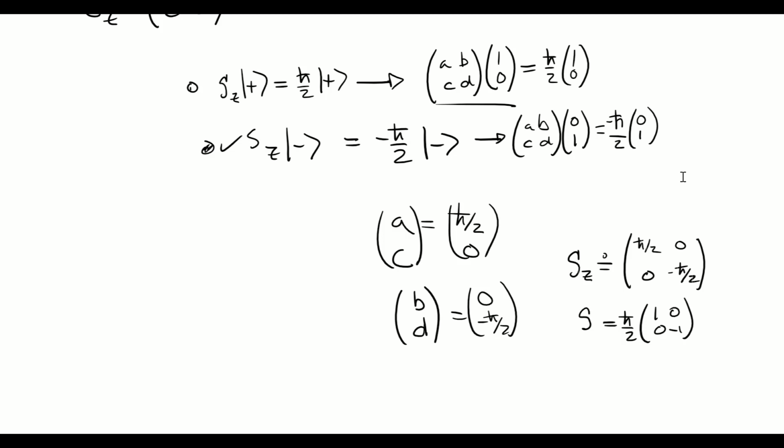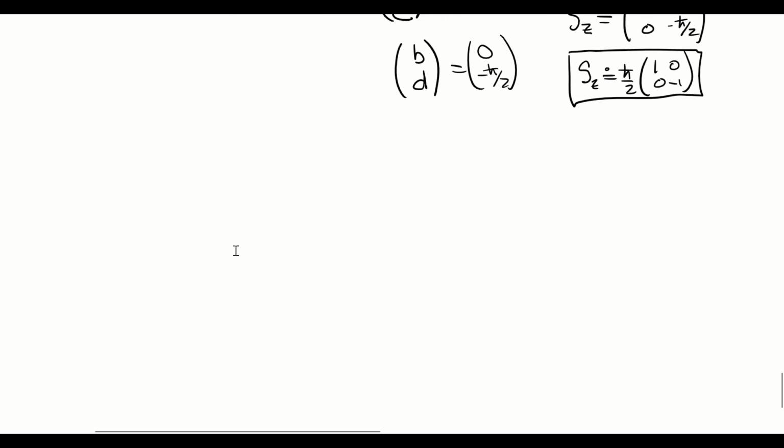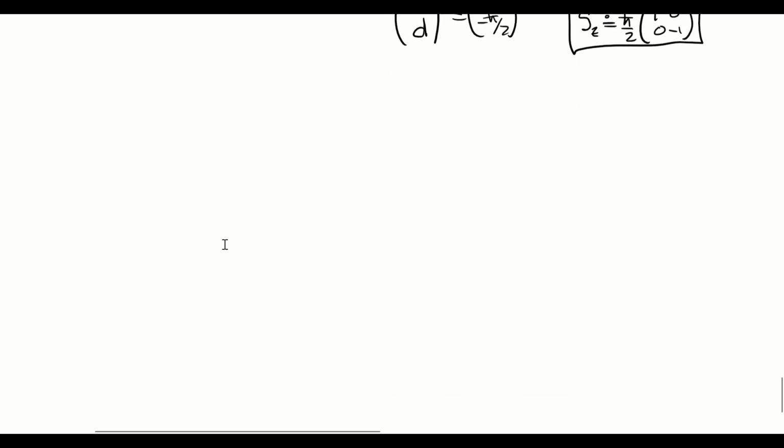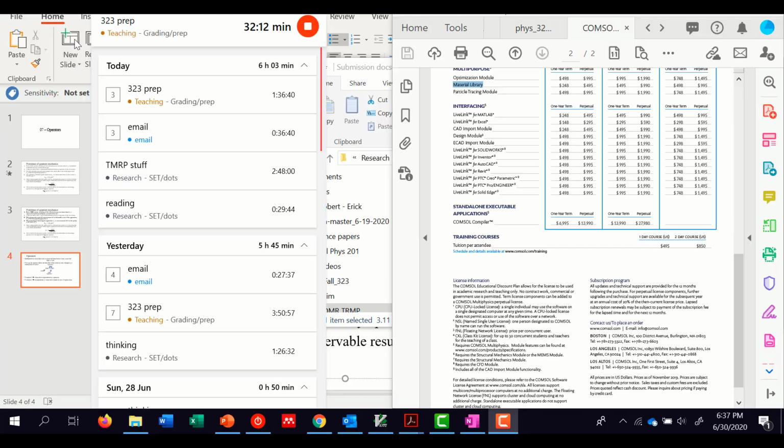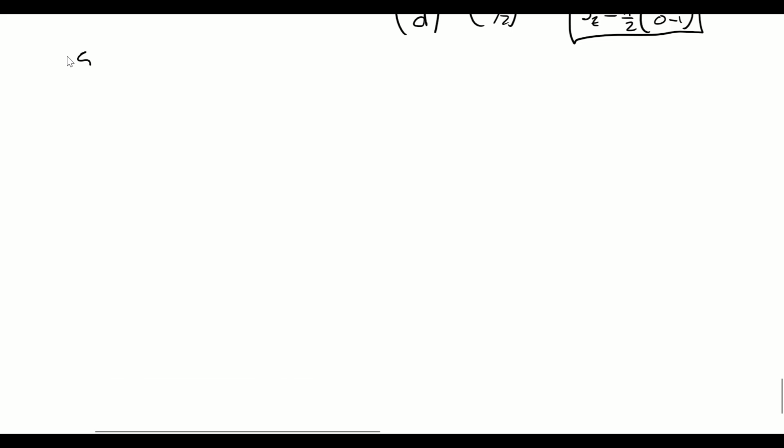And we have our matrix representation of our Sz operator. Now, there are a few things worth noting about this Sz operator. Let's give us some fresh space over here and rewrite it: Sz represented as ħ/2, 0, 0, negative ħ/2.